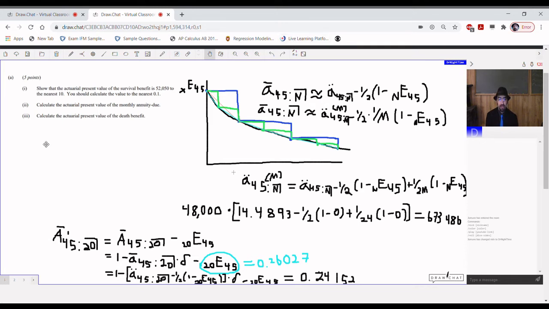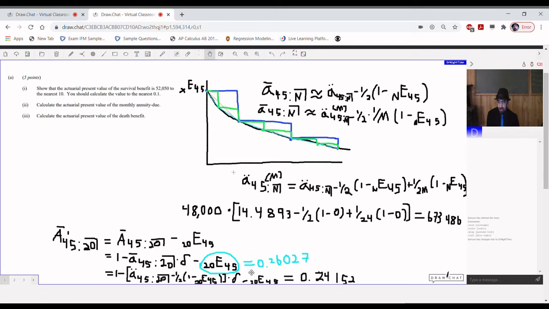So next we have to calculate the actuarial present value of the death benefit. Since the death benefit is continuously evaluated, payable at the moment of death, we need to use continuous functions. And since it's a 20-year term insurance, we pretend it's the 20-year endowment insurance, minus the endowment component.